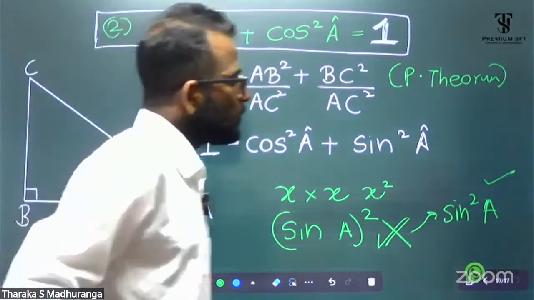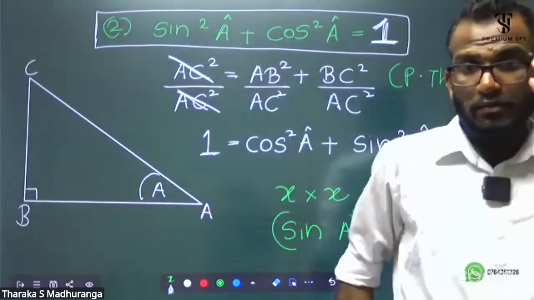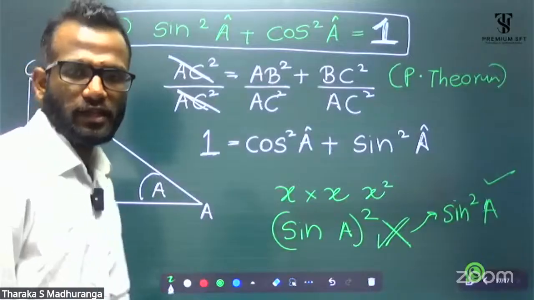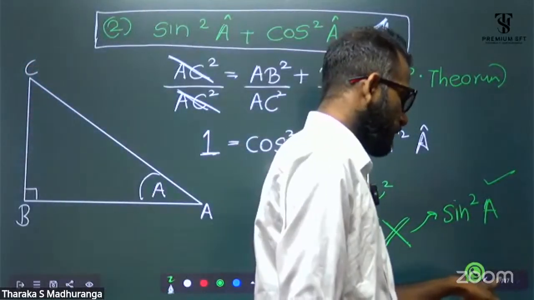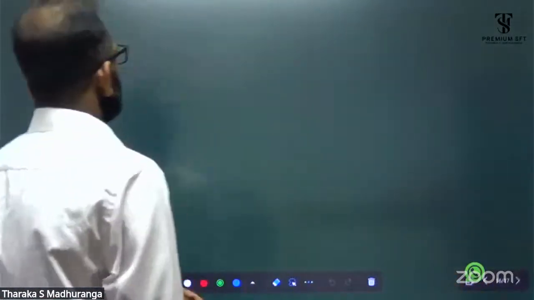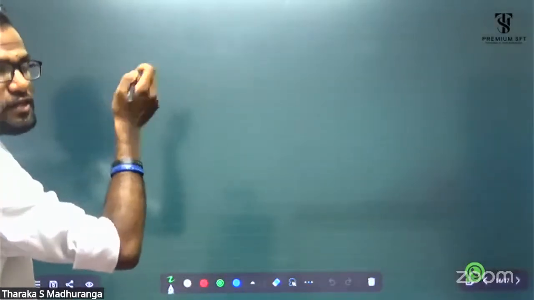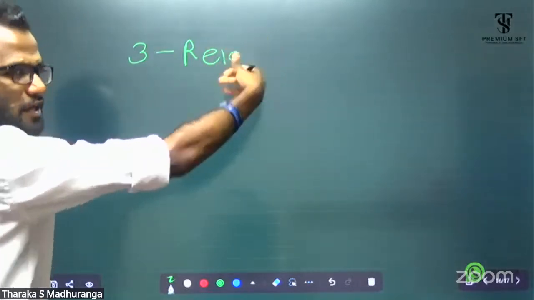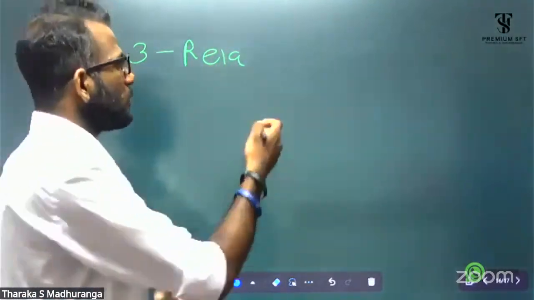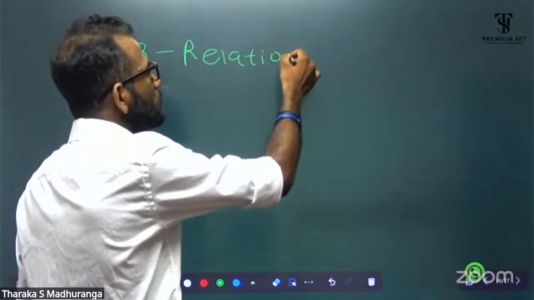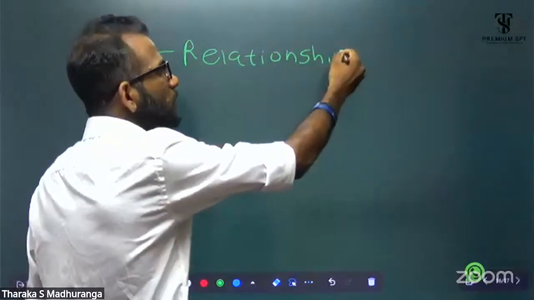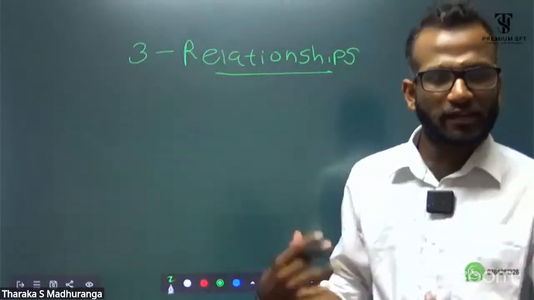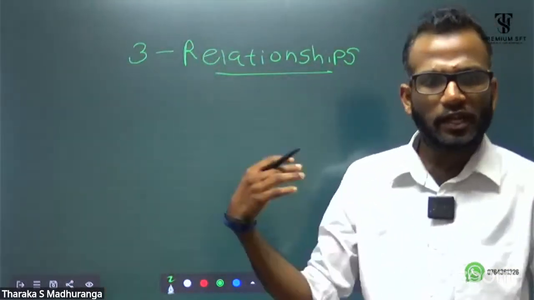Okay. Today, this is actually our next day lesson. Next day we have to complete another three relationships. We can prove all relationships. For calculation questions you don't need these relationships. I will give you expression related questions.